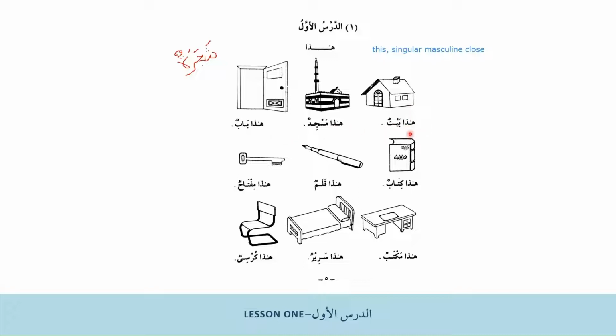So just a reminder, هذا بيت, this is a house. هذا مسجد, this is a masjid. هذا باب, this is a door. هذا كتاب, this is a book. هذا قلم, this is a pen. هذا مفتاح, this is a key. هذا مكتب, this is a desk. هذا سرير, this is a bed. And هذا كرسي, this is a chair. Okay, so just give me a confirmation when you are ready.